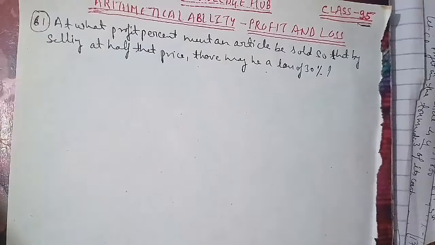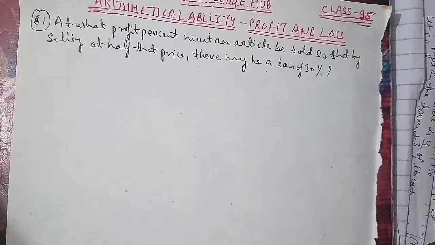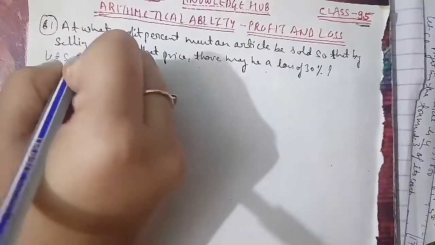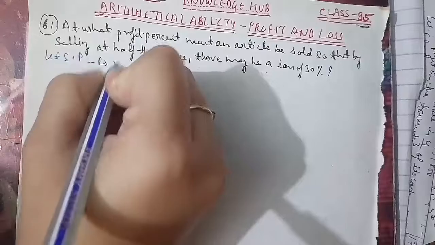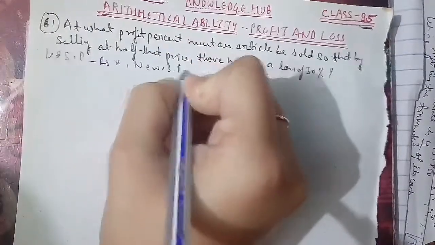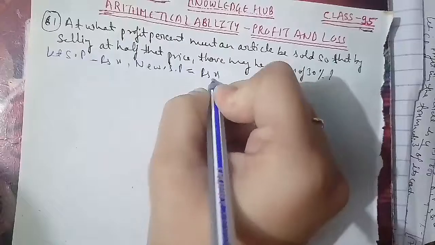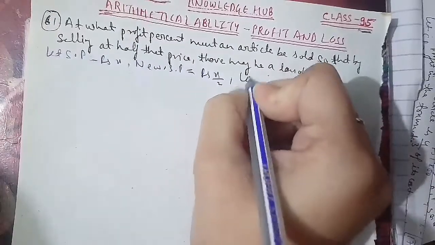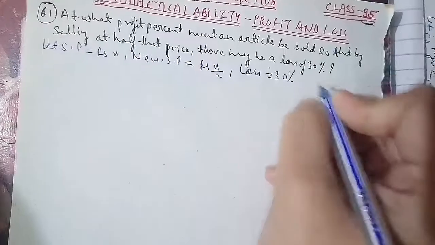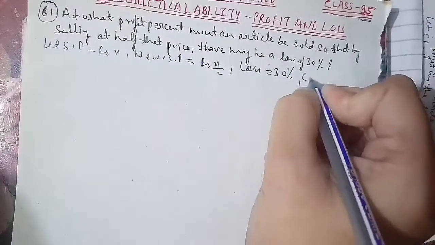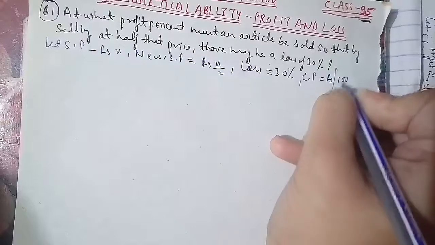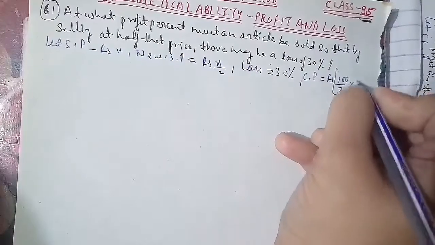Let SP equal rupees X and new SP equal rupees X by 2, and loss is equal to 30%. So CP equals rupees 100 upon 70 into X by 2, which is equal to 5x upon 7.